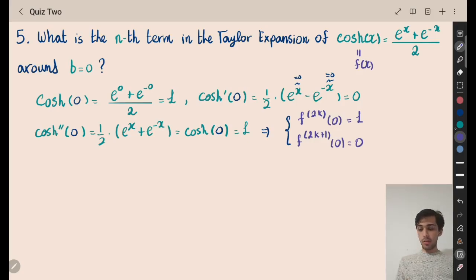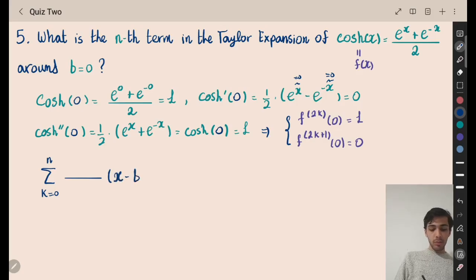Now it is a good idea to start writing down the Taylor expansion, which is given by a sum from k is equal to 0 until n. It's a Taylor polynomial, x minus b, which is the point at which you expand your polynomial at, to the power of k always.